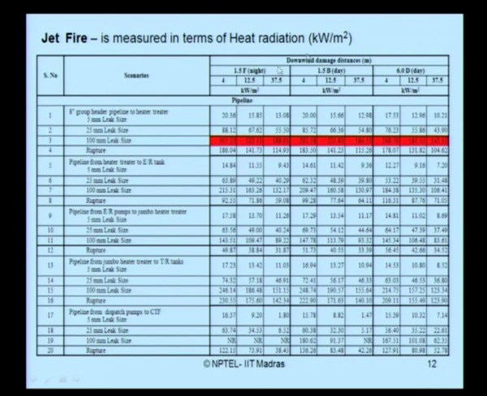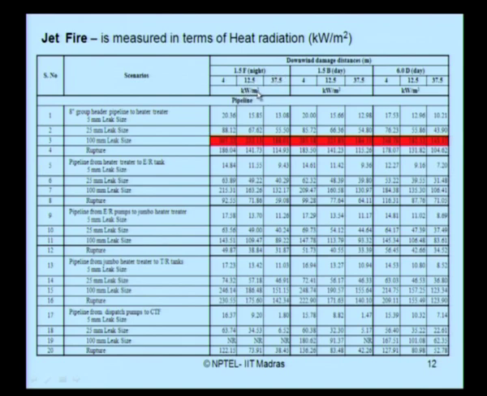and rupture. Now I am looking for downwind damage distances in meters for different stability classes, that is F in the night, B in the day and D in the day, and I also look for different radiation levels of 4, 12.5 and 37.5 kilowatt per square meter. These are different levels of radiation which can or cannot be sustained.